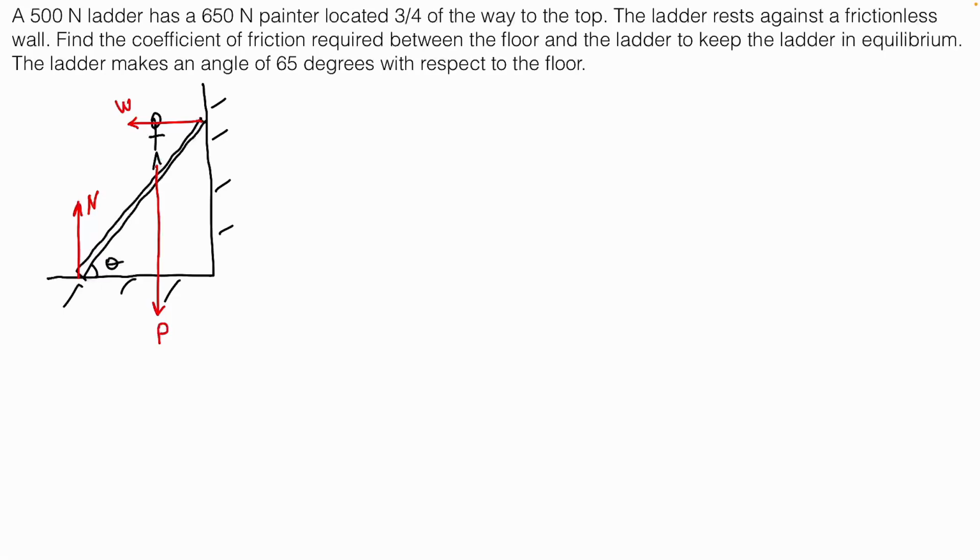So the ladder pushes down and away. What's the reaction, by Newton's third law, to that? Up and towards, right? Well, we already drew the up force. What's the up force? It's the normal force. So what's the towards force? It has to be the friction. So that's one way, right?